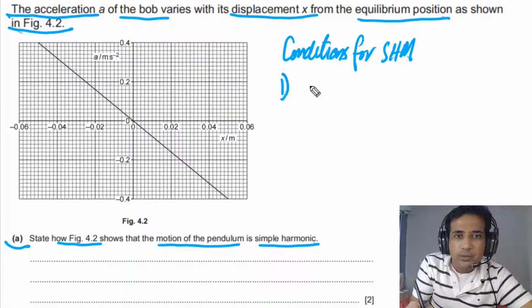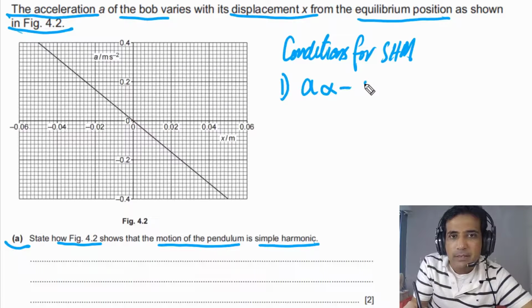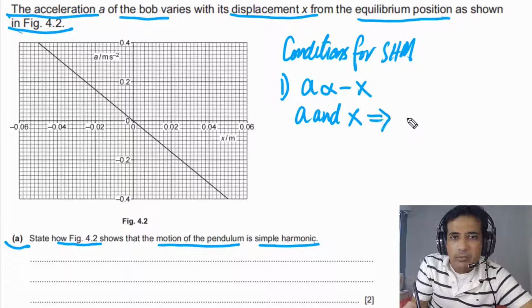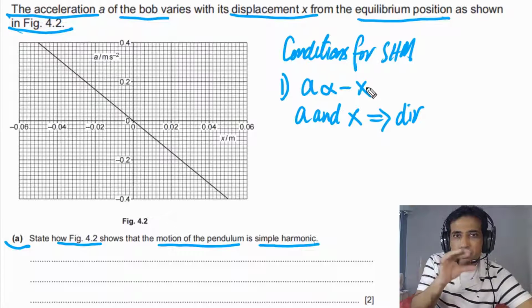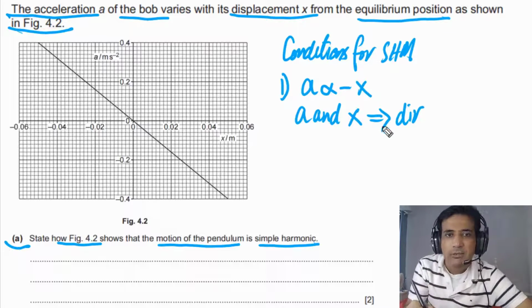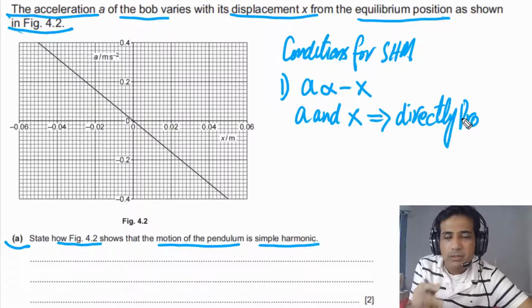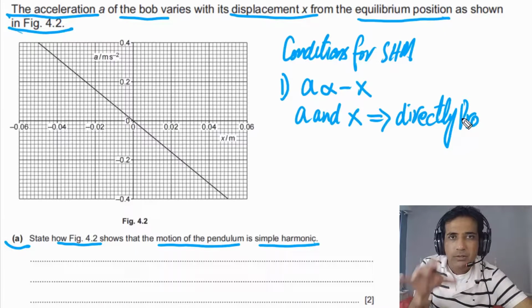The first condition is A is directly proportional to minus x. It means that A and x are directly proportional. It simply means that when one is increasing, the other is also increasing, and vice versa.